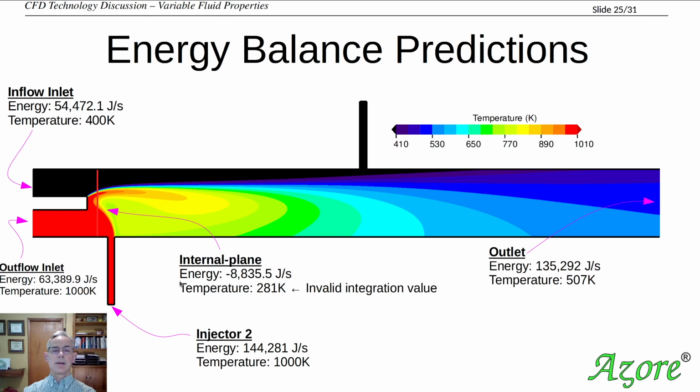Since this is an invalid integration plane, if we use those techniques, the temperature that we would get is 281 K, which doesn't make physical sense because our system has 400 K and 1000 K. Since there's no energy exchange, you would expect the temperature to remain at least between these two values, and clearly it does not. That's because this is invalid, and the system that crosses over here is not well defined.